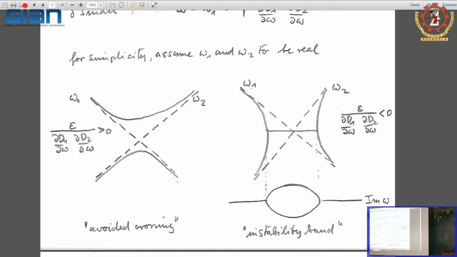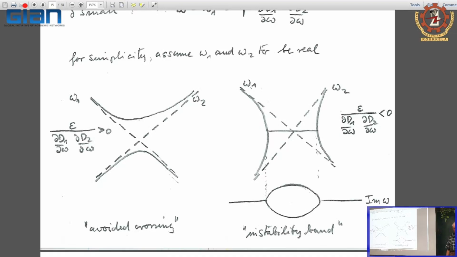And once we plot the imaginary part here, then we have a bubble or an instability band, a bubble of instability between those places where these modes have merged to give a complex conjugate pair. Okay? It's simply discussing the properties of this quadratic equation. So we have in principle two ways in which a mode crossing may unfold. It's either the avoided crossing scheme or it is the instability band scheme.